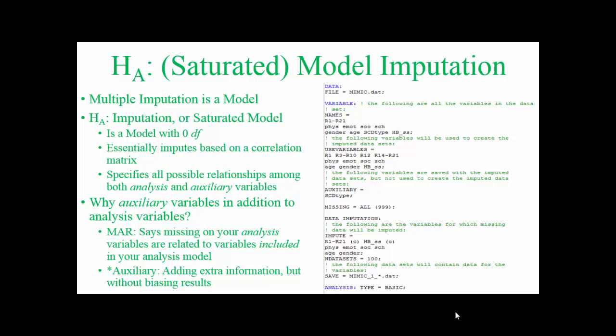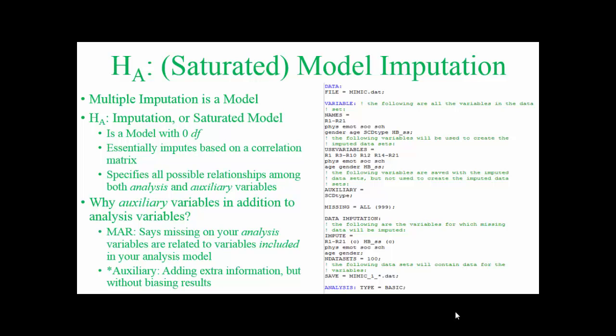So we're saying let's use everything here. But I've also put in this command AUXILIARY equals, and in this case auxiliary with no specifier just says keep this in the data set that you're going to spit out, or in this case the multiple data sets you're going to spit out. So in other words, don't lose SCD type.